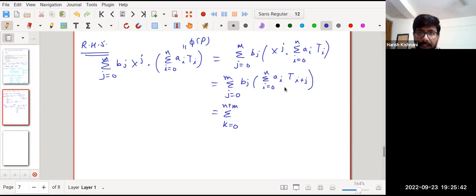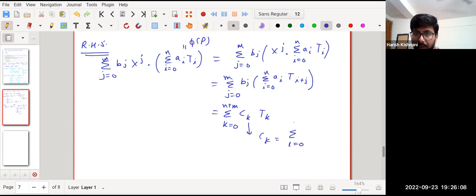Because the indices i and j will be added, so you can replace this with a new index, and that will be ck tk. So it's a task for you to verify the last relation. Just try to see with some example, and then you will have an intuition whether it's true or not. If you don't get it, you can ask me in the next lecture.